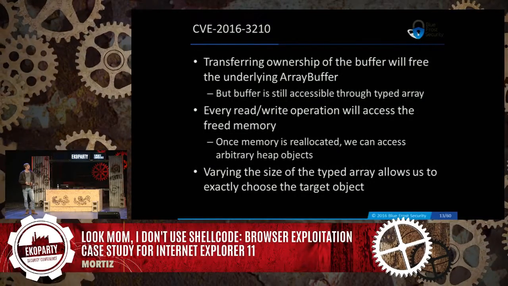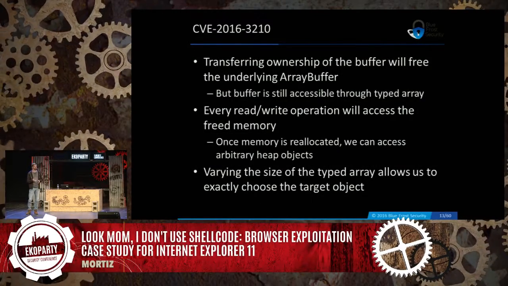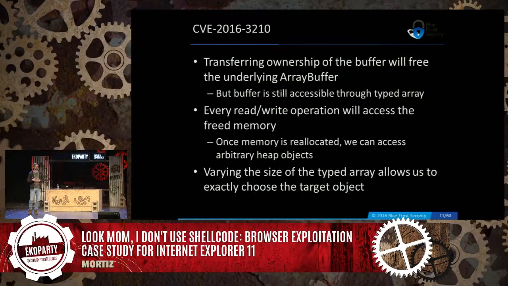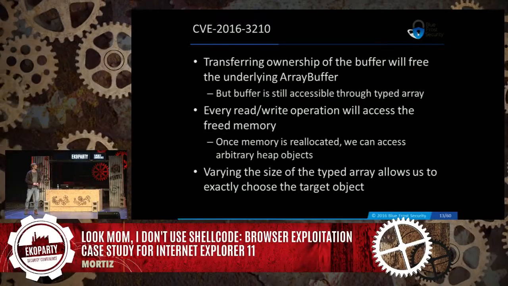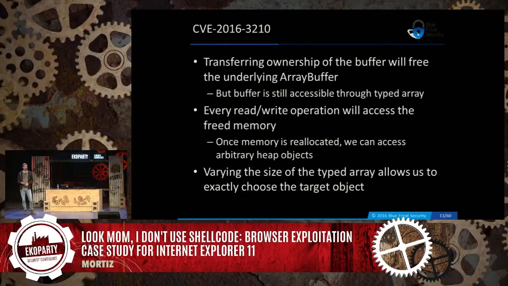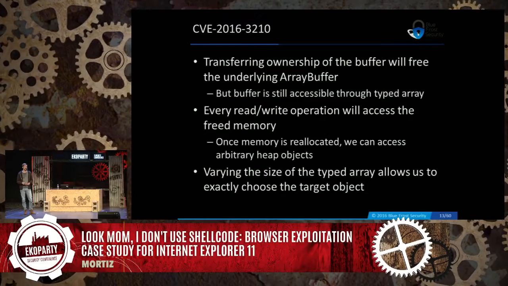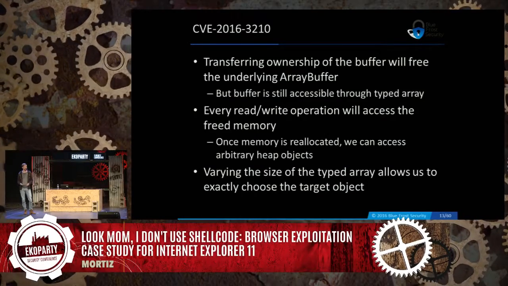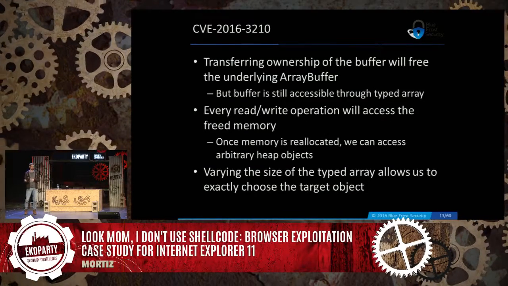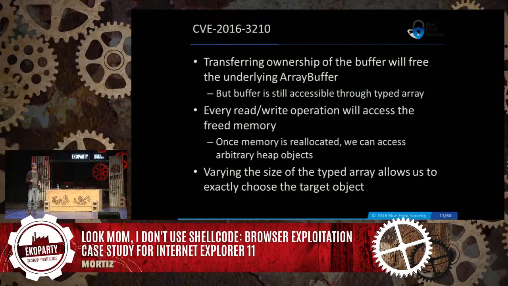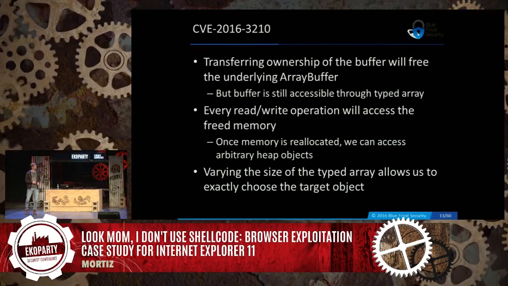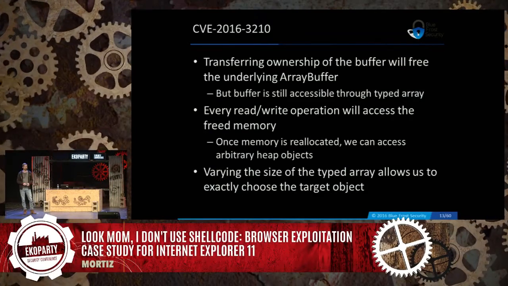And not only is this a nice bug because you have precise control over the freed memory, which then might get reallocated with something else, but compared to other use-after-free bugs, this is nice because usually you have some object which gets freed, and then you try to reallocate it with another object of the same size. In this case, we actually control the size of the freed ArrayBuffer.